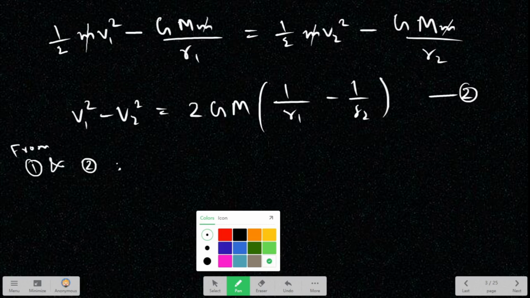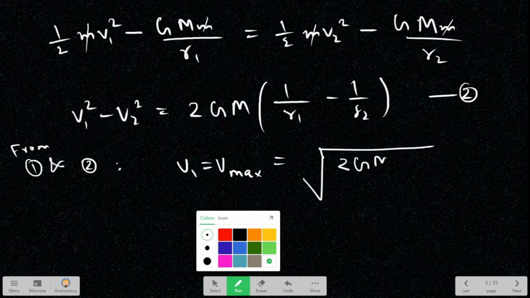you can solve it. You will get v1 is equal to v max is equal to root of 2GM r2 divided by r1 into (r1 plus r2). This is a very important equation.